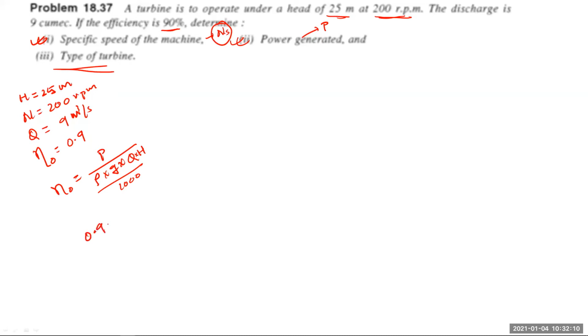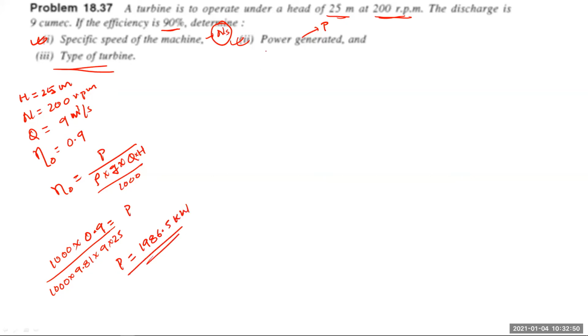So let's write 0.9 equals to, I will take 1000 on this side, this rho is 1000, density of water, g is 9.81, discharge is 9, and head, that is capital H, is 25, equals to your P. You will get P from here. If you solve this, you will get P equals 1986.5 kilowatt.